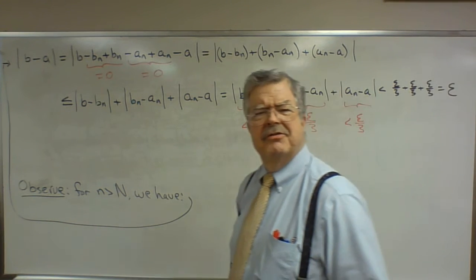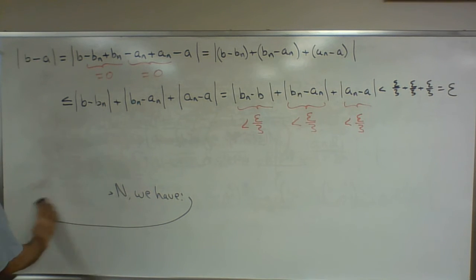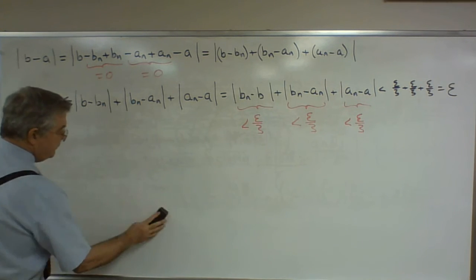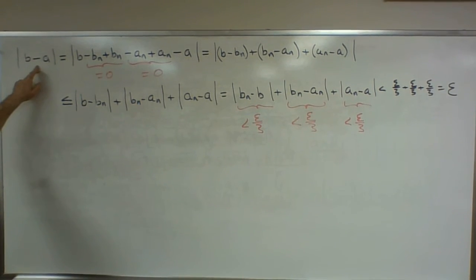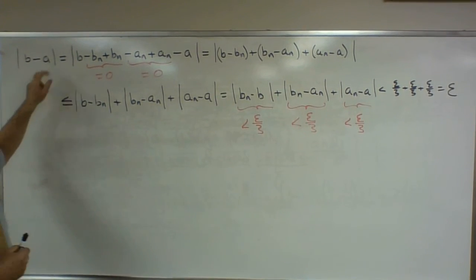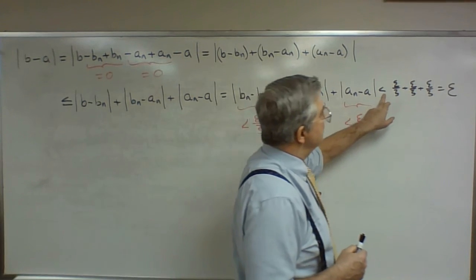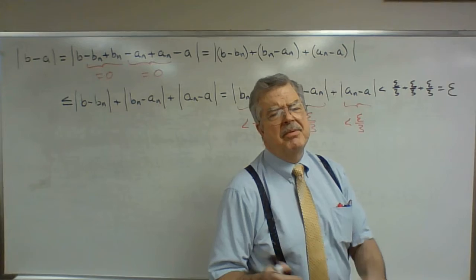Now, what does this accomplish? If we look at what we started with, the absolute value of b minus a is less than epsilon, where epsilon is an arbitrary positive number.